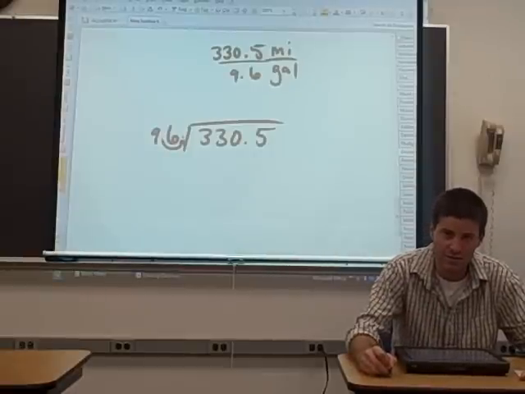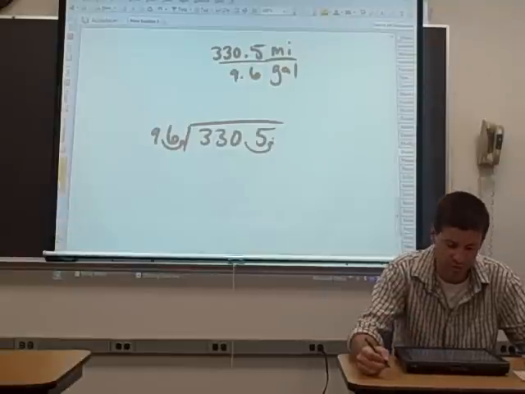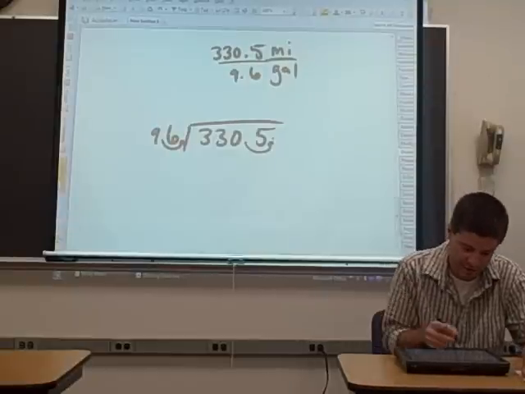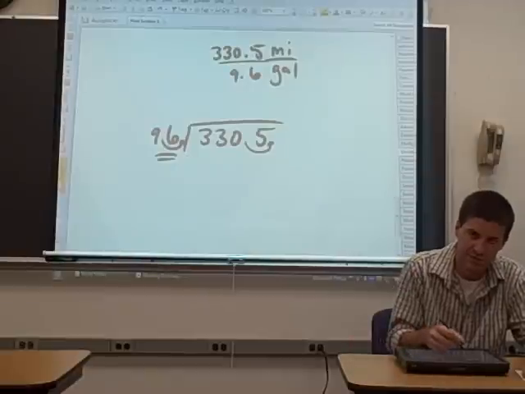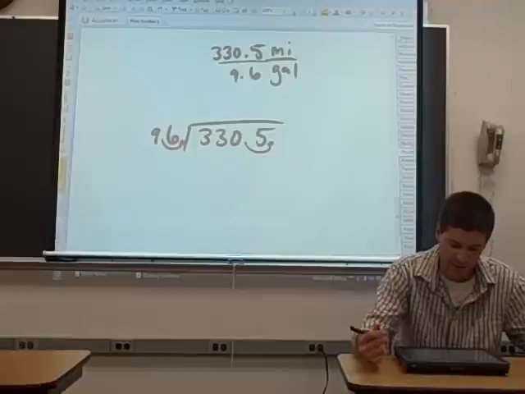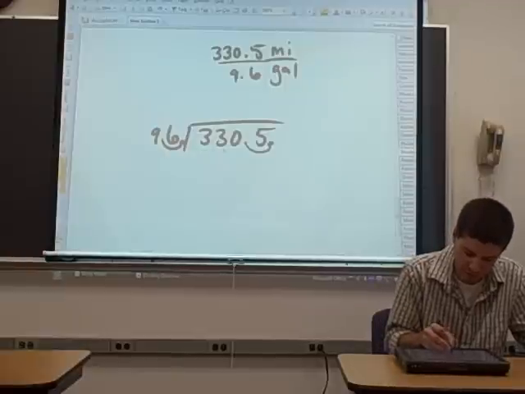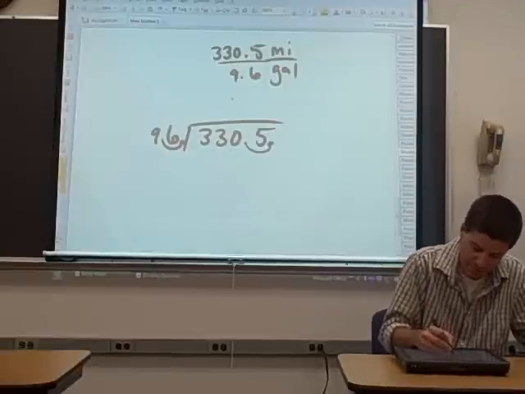However, that's only legal if we do the same thing inside the long division sign. So we move the decimal one place to the right in the dividend. Now we can divide like we always would. Question is, how many times does 96 go into 330?